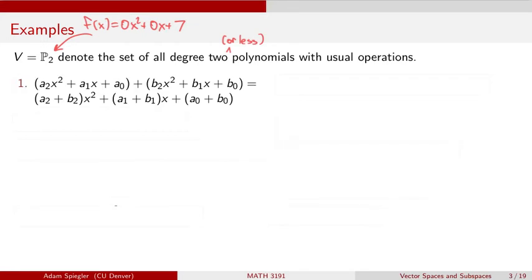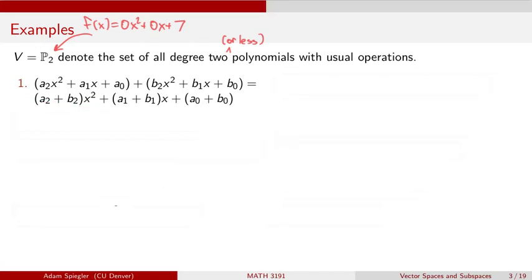So what we can see here is if I take some arbitrary quadratic, a2x squared plus a1x plus a0, plus some other quadratic, b2x squared plus b1x plus b0, what do I get? Well, I would add the quadratic terms, so I get (a2 plus b2) x squared.